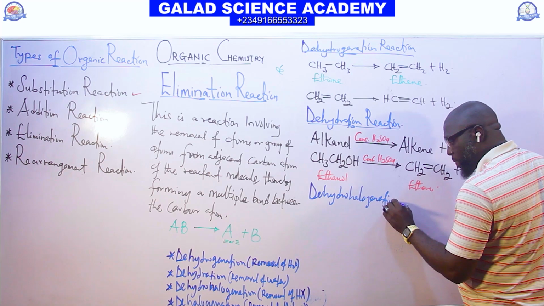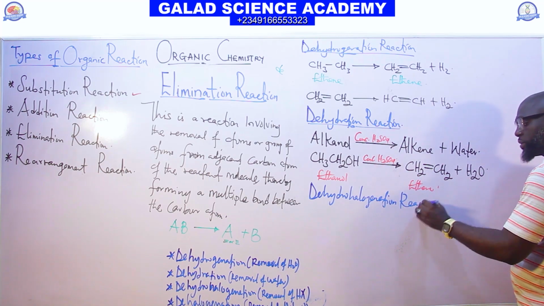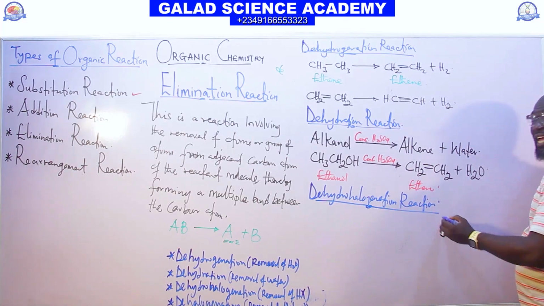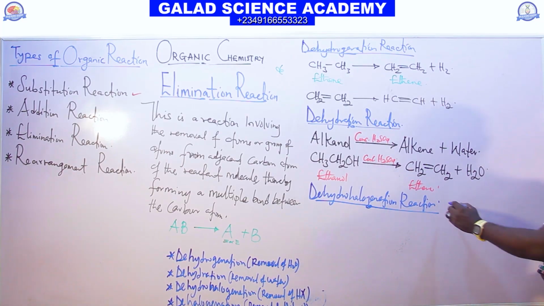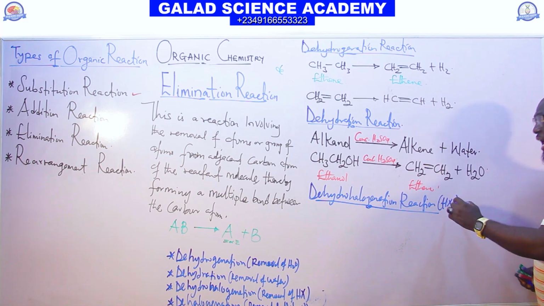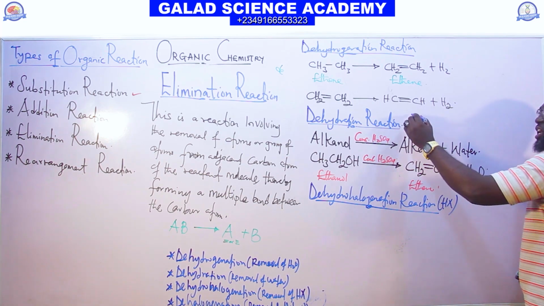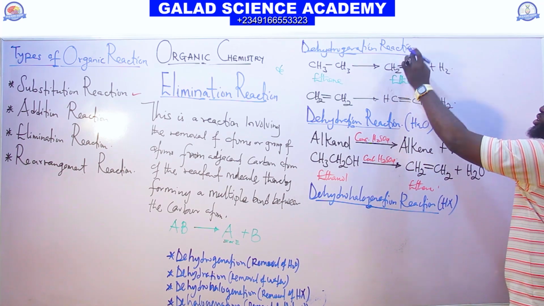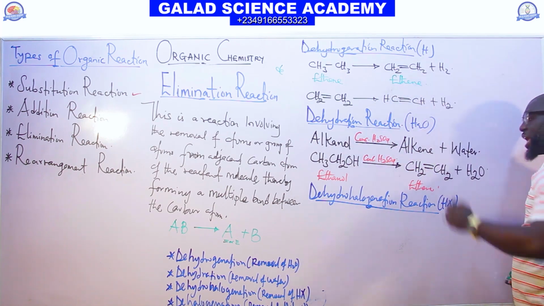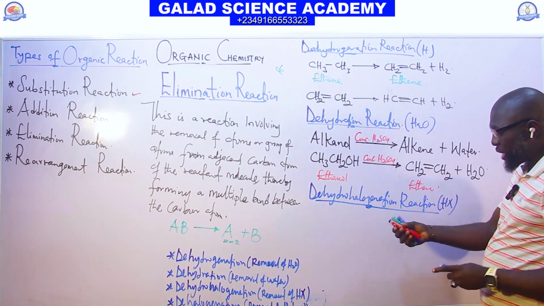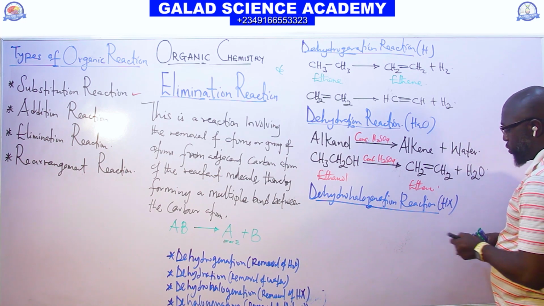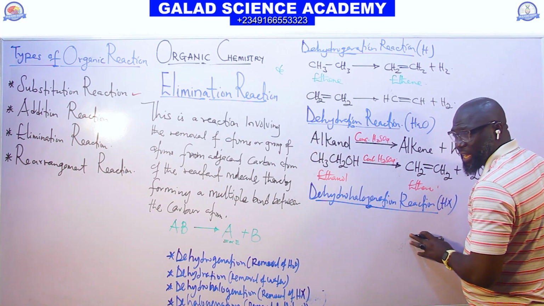The dehydrohalogenation reaction is a reaction that concerns removal of hydrogen halide. So this dehydration is the removal of water. The dehydrogenation is the removal of hydrogen. So let us look at the reaction where we can remove hydrogen halide.